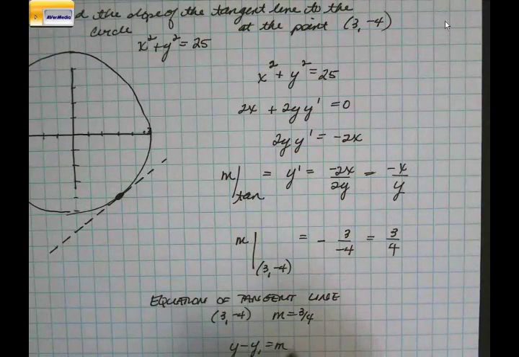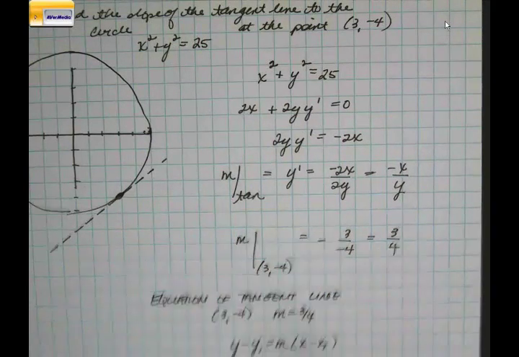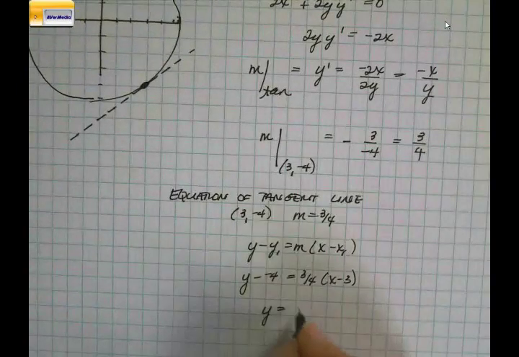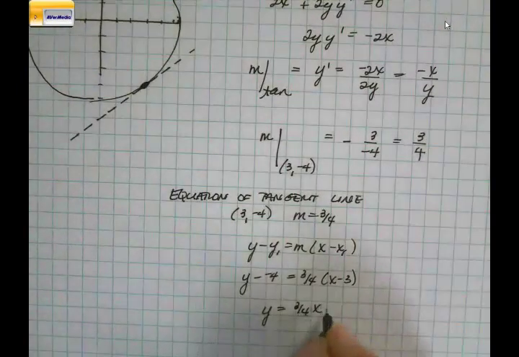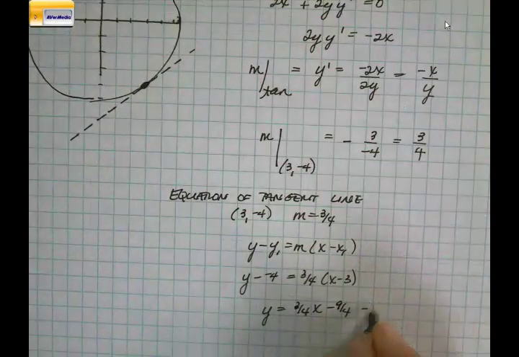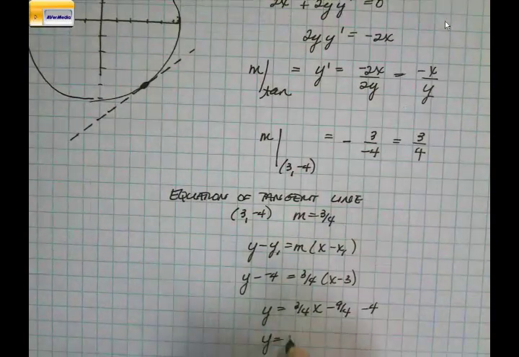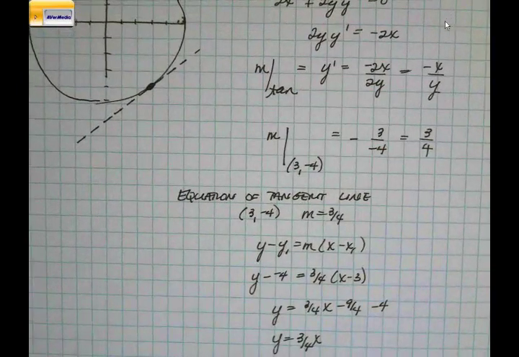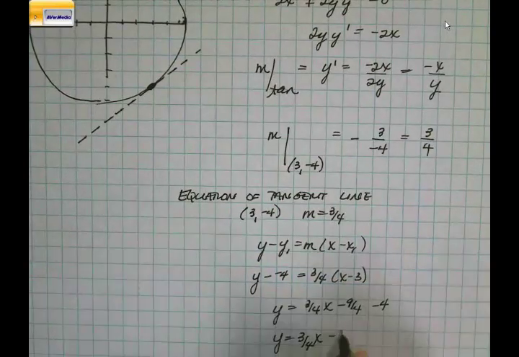So y minus y1 equaling m times x minus x1 becomes y minus a negative 4 equaling 3/4 times x minus 3. Get back up on the camera. So y plus 4, so this is 3/4 x minus 9/4 minus 4, or the equation of the tangent line to the circle, or of the tangent line to the curve, is 3/4 x minus, what, 25/4?